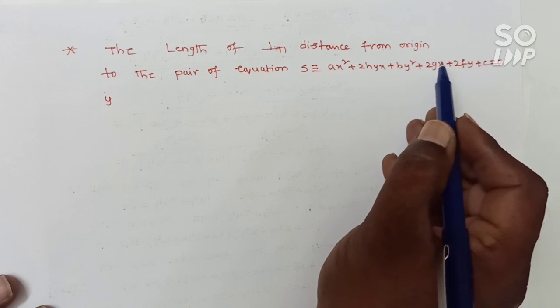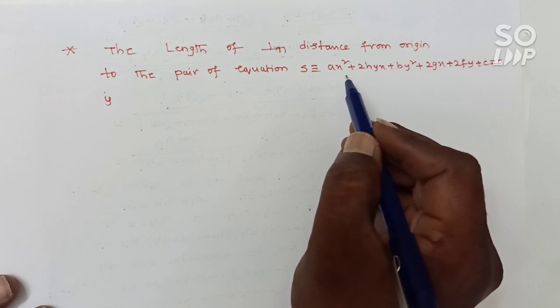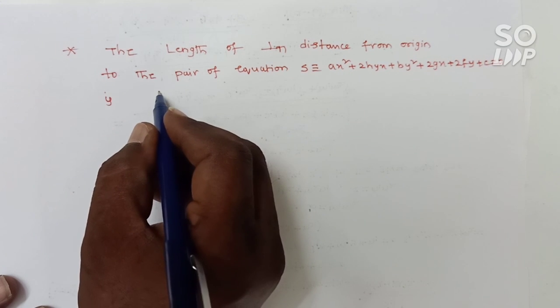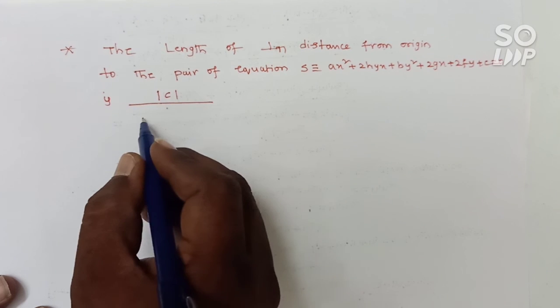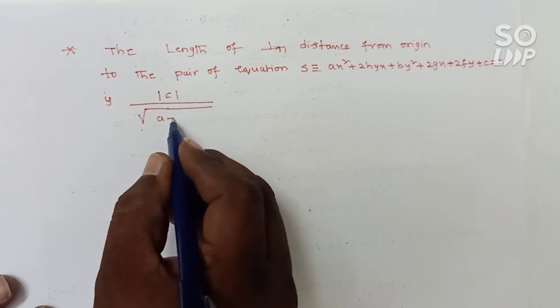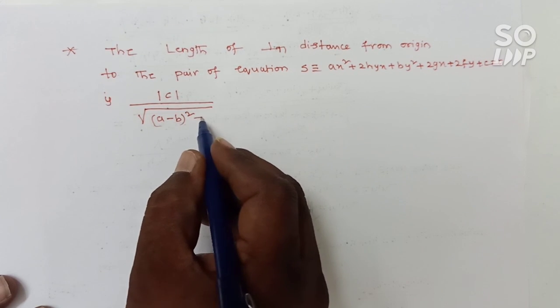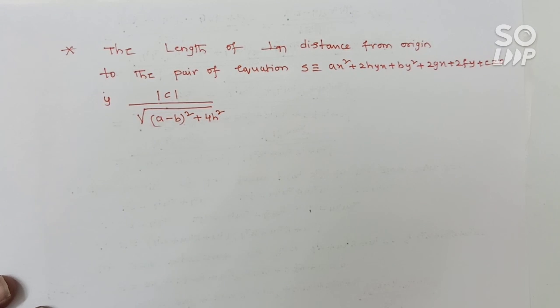According to the above formula, except the last term, all the remaining terms will be zero. So that means modulus of c whole divided by root of (a - b) whole square + 4 h square.